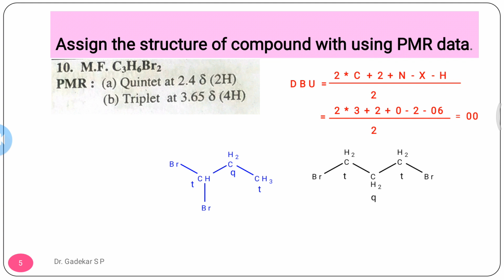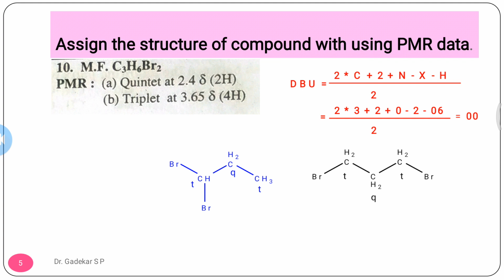It means there is 0 double bond unsaturation. And for a structure like this, there are two isomeric structures, blue and black.